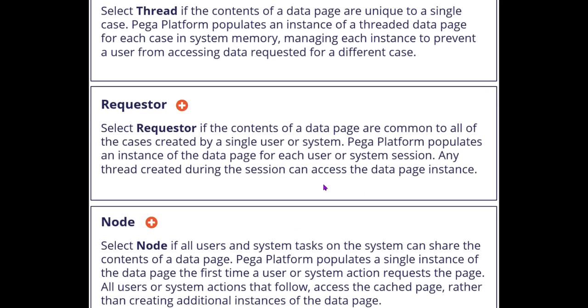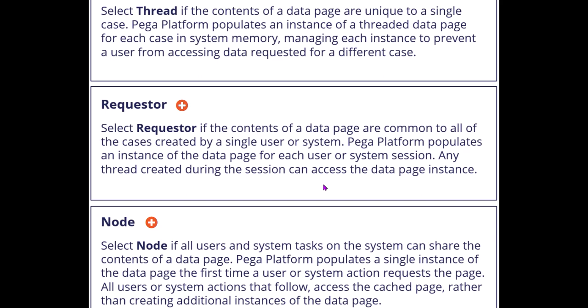Say for example, a best example for a node level data page is list of countries or list of states. Assume you have an external database system which has the list of countries and states. You need not fetch the list of countries every now and then, because it is not going to change every 1 minute or every 1 day.